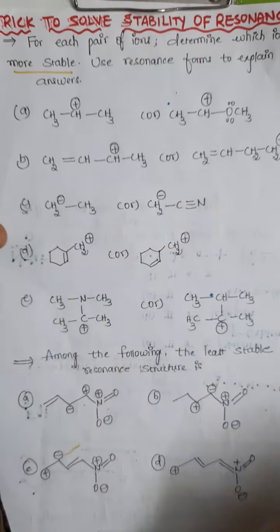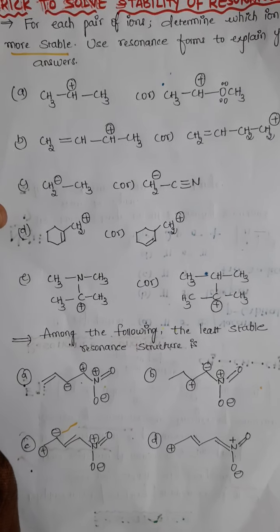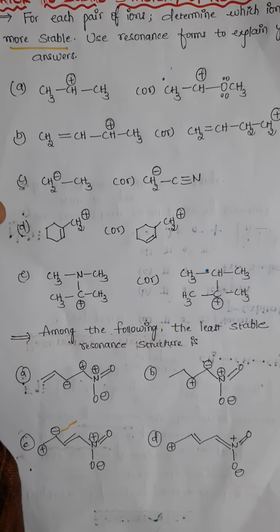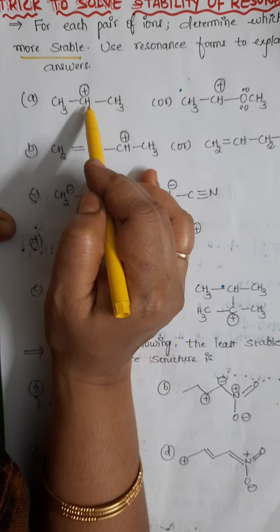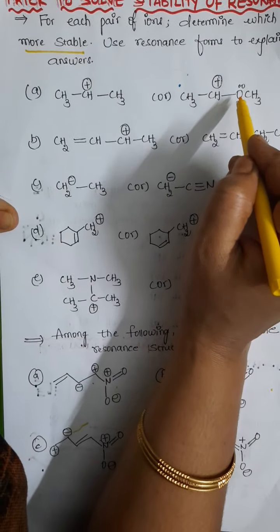First thing is, in order to exhibit resonance, the compound should exhibit conjugation. First you have to check it. Is conjugation possible in this first compound? No, in this compound conjugation is not possible. But in this compound, yes, conjugation is possible because the oxygen is bearing a lone pair.